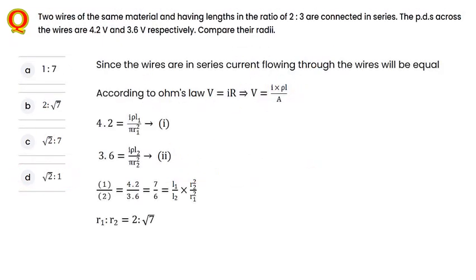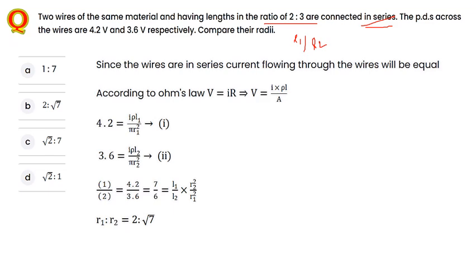Okay, now the next question. Two wires of the same material are given with the length ratio L1 by L2 of 2 is to 3, and they are connected in series. Already I have mentioned that for a series connection the potentials differ and the current will be the same.